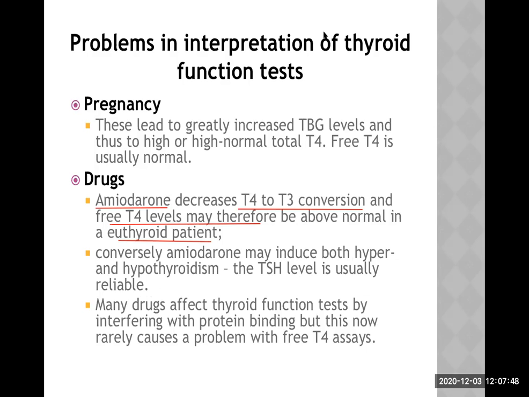So this is the way you give the explanation here. Many other drugs affect the thyroid function test by interfering with protein binding, but this now rarely causes a problem with the free T4 assay. Okay, so we ignore this these days because we are ordering the free T4 level.